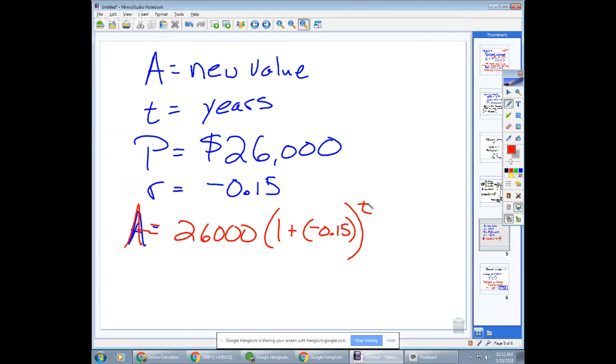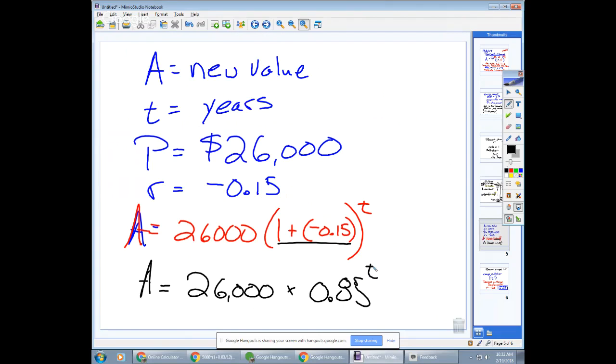What's 1 plus negative 0.15? 0.85, right? So that's my formula. The new amount is going to be 26,000 times 0.85 to however many years went by. Wait, what is that?